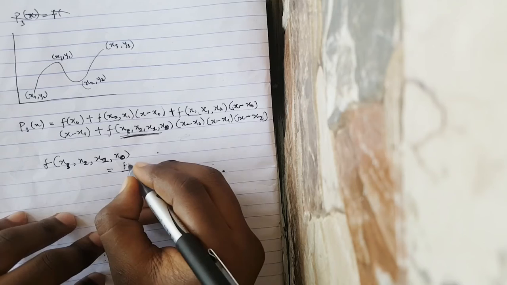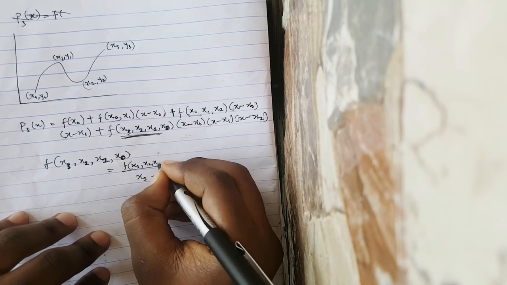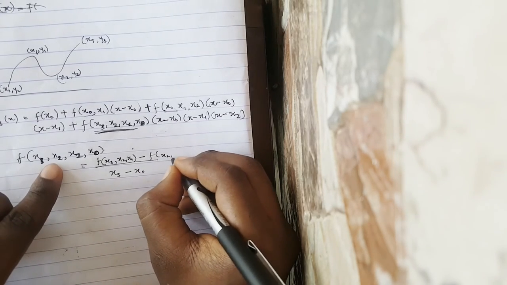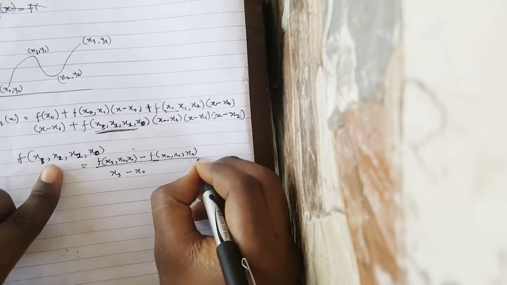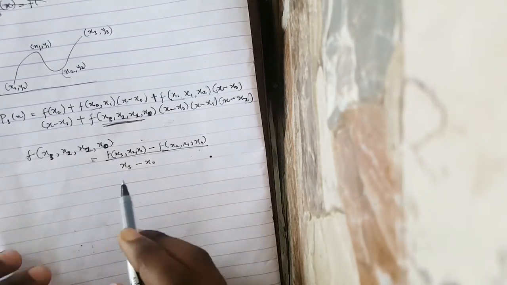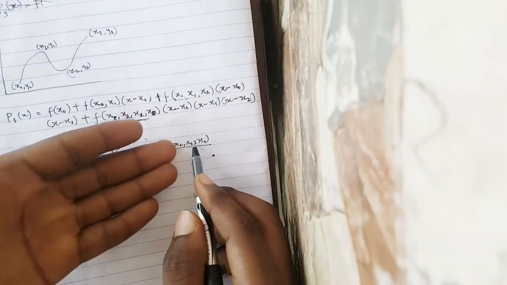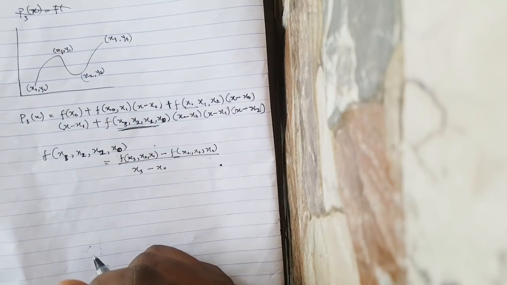So this is f of x3, x2, x1 minus f of x2, x1, x0. This is how you find this value. You already know this one, and if you don't know it, you can find it simply by using the quadratic interpolants.